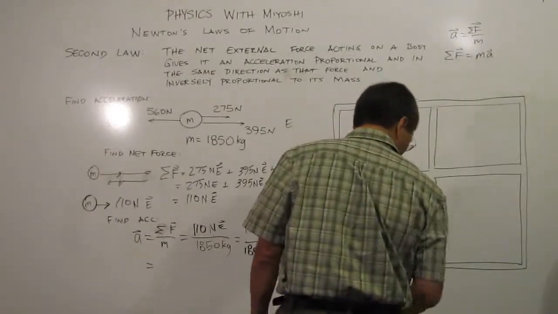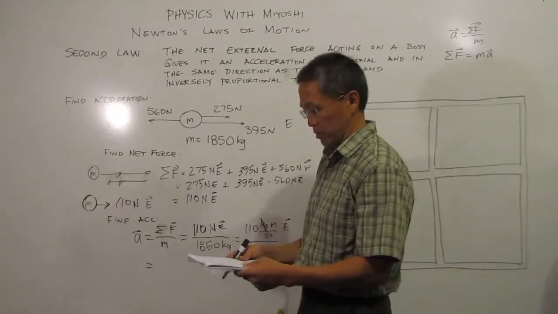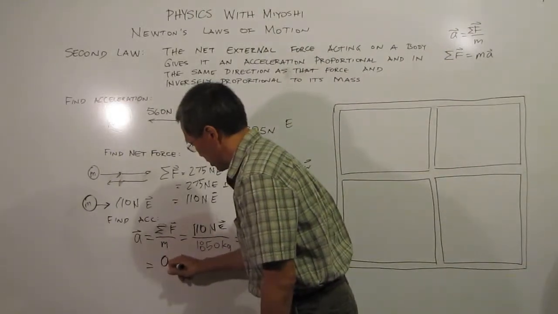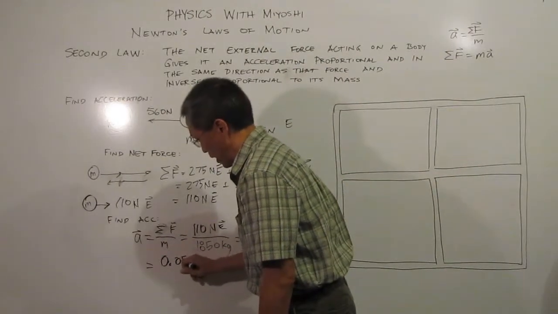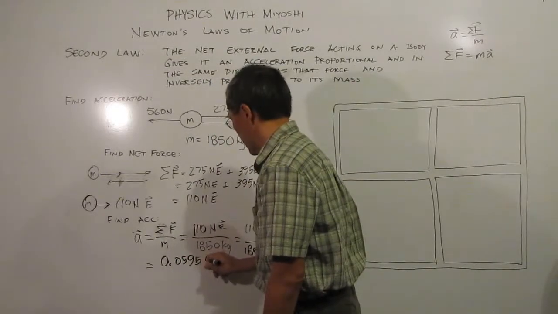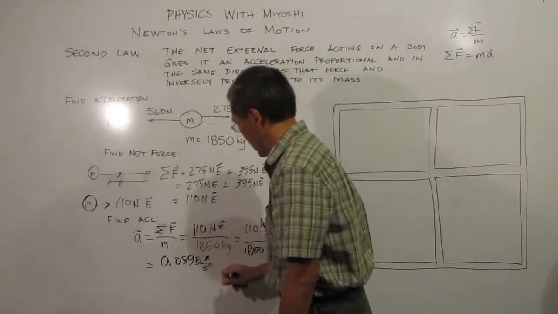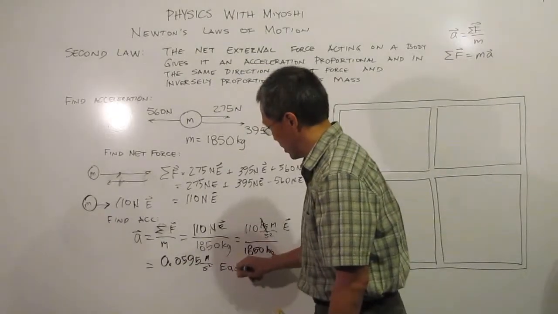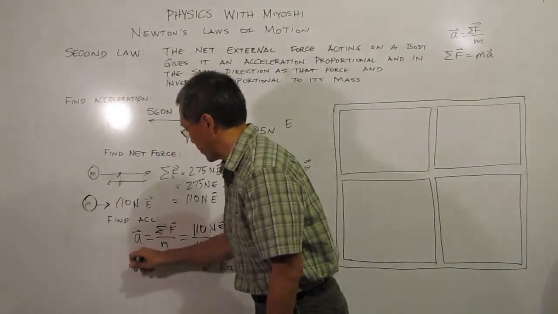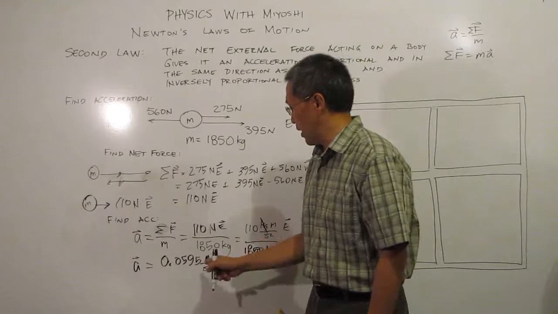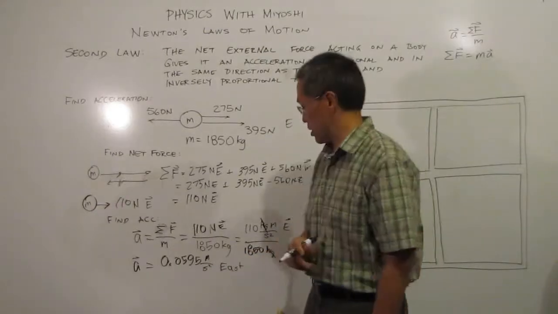So I'm left with an answer of 0.0595 meters per second squared in the east direction. So my acceleration vector is 0.0595 meters per second squared in the east direction.